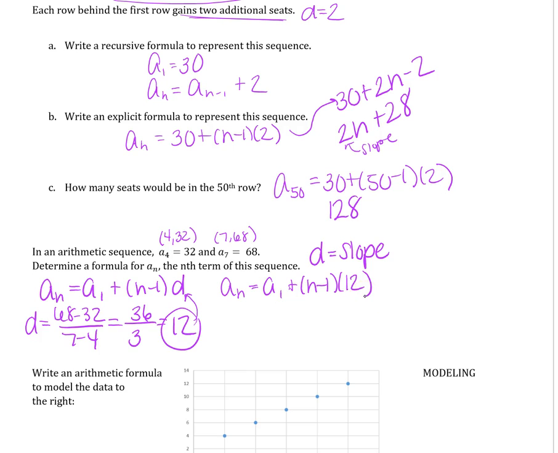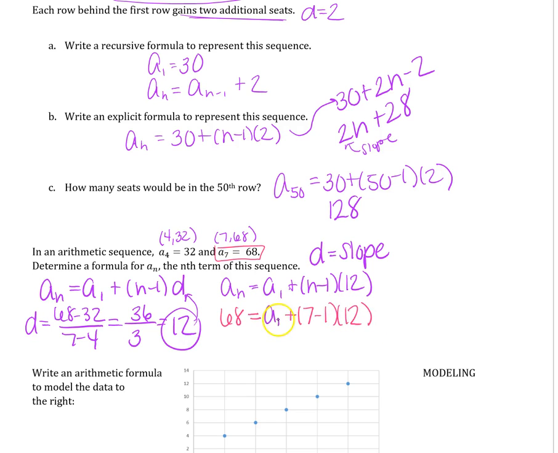Okay, I don't know the first term, but I do have a lot of information. They gave me the 7th term. They also gave me the 4th term. I know a sub 7 is 68. Because of that, that corresponds to the 7th term, so n equals 7.